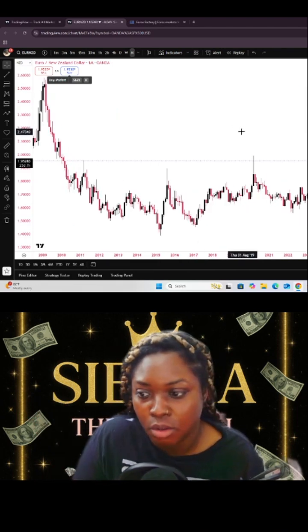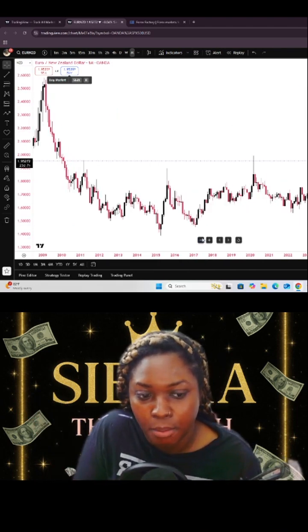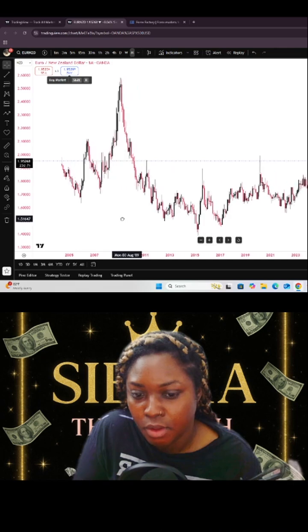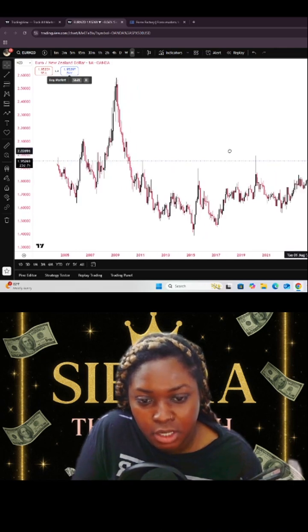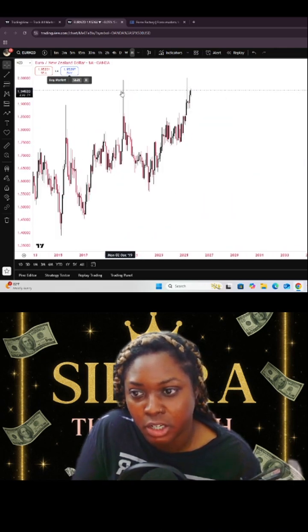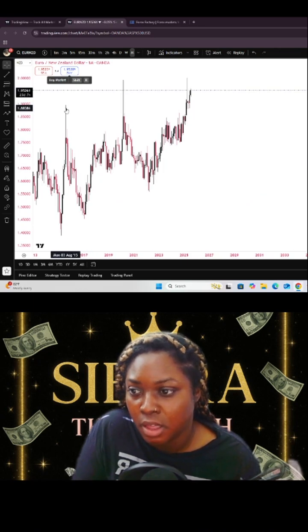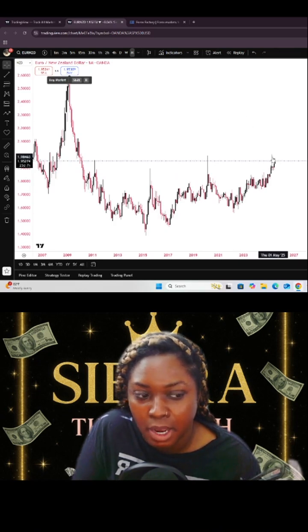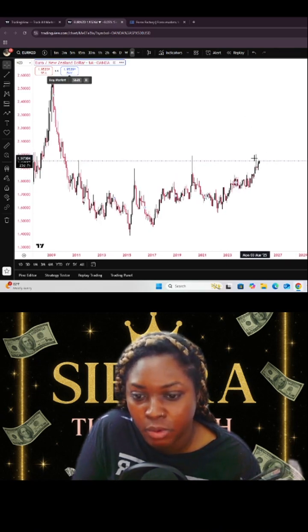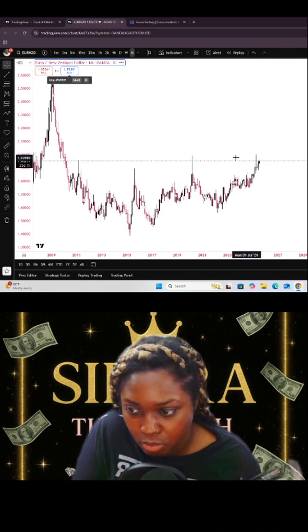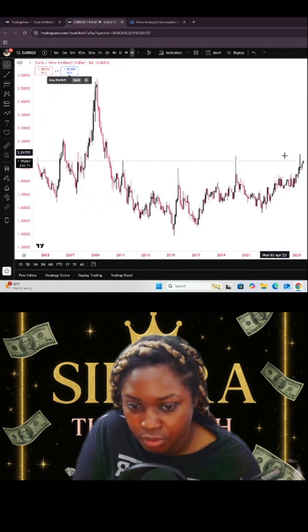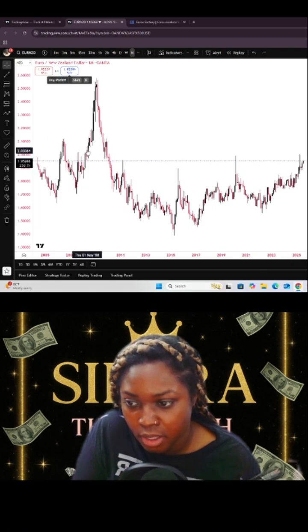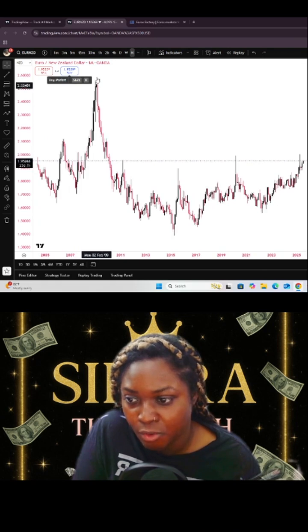All right, so let's see what's going on here on our monthly. You can see we got rejection here, and then rejection here. I want to find my last zone that gave me these two rejections, so I'm just going to follow it over. And I see an order block here. Okay, this last down move before this up move.